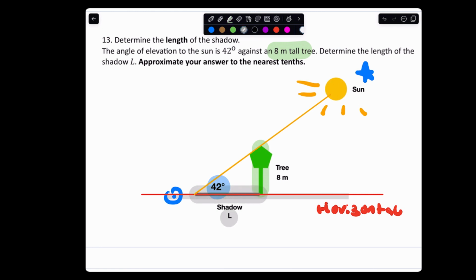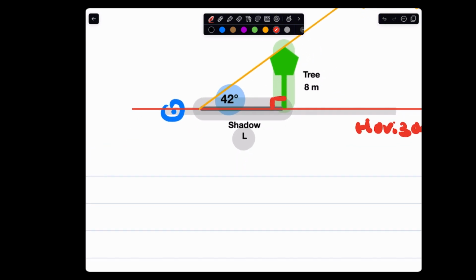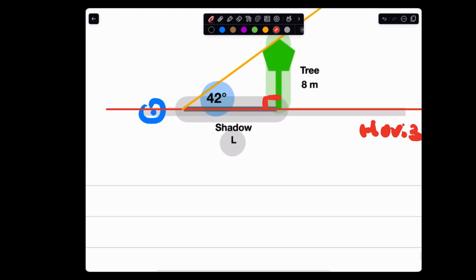Is that right? Now, notice again, what should that measure here? This is supposed to be a right triangle. And that's good news. Why is that good news, ladies and gentlemen? Because we can apply everything we know about right triangles. So what did they give us again? What do we have to work with?